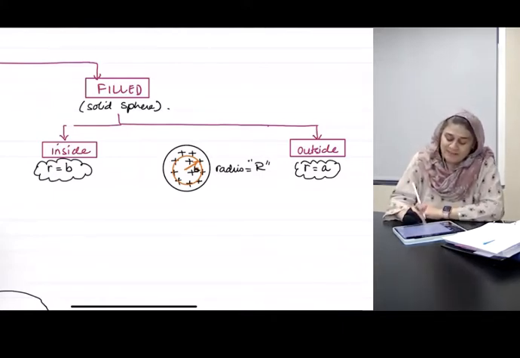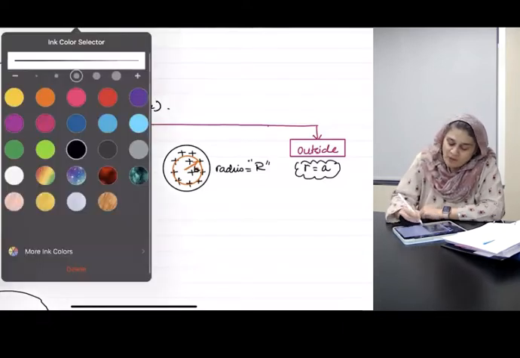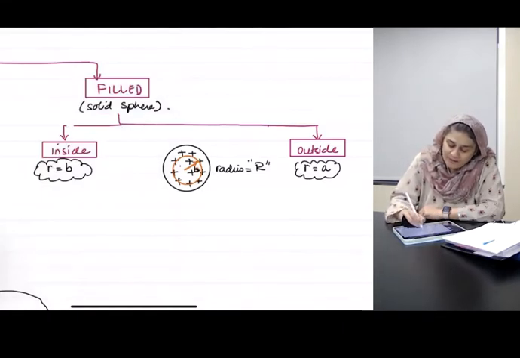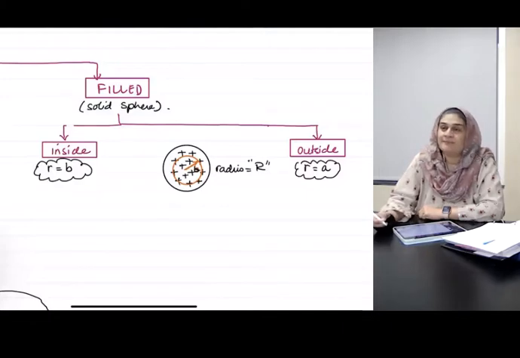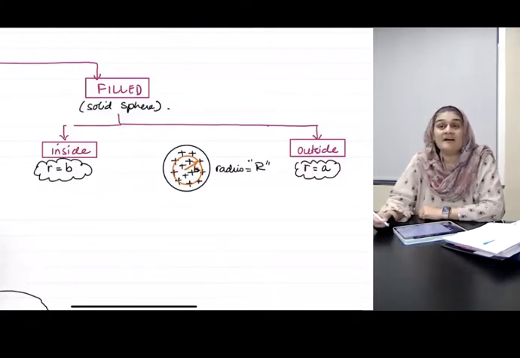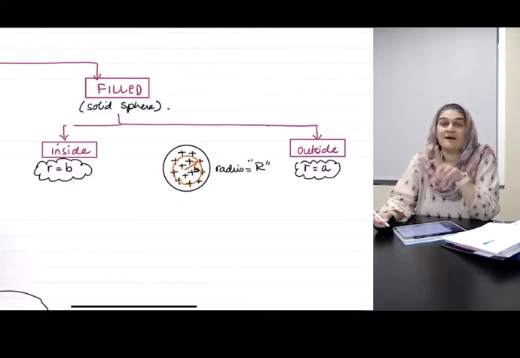So when I do the inside, no matter how small or large I make the B, will it always have a charge enclosed? Yes? So that means I cannot make E equal 0 anymore.